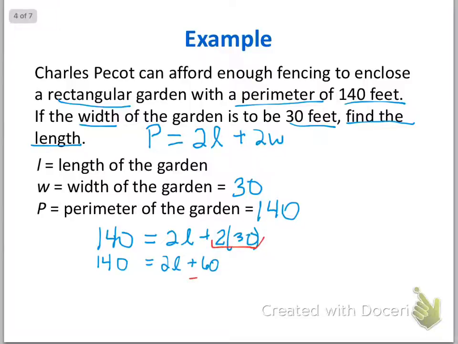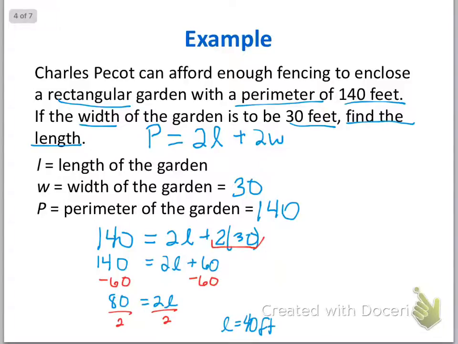Now backwards through PEMDAS, subtract 60 from both sides. That gives me 80 equals 2L. Divide both sides by 2. And I get that L equals 40. The length of the garden would be 40 feet.